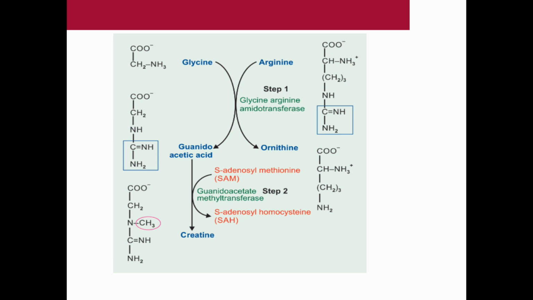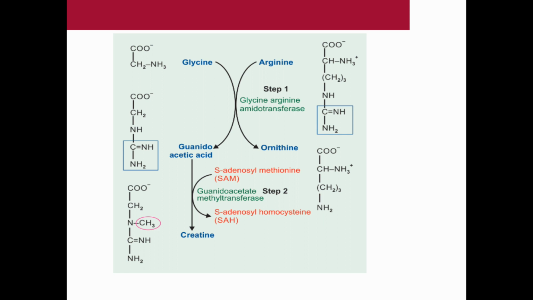So I have already told you how creatine forms from glycine. Glycine plus arginine, step 1, in the presence of glycine arginine amidinotransferase, forms ornithine and guanidoacetate. Guanidoacetate takes a methyl group from S-adenosylmethionine in the presence of guanidoacetate methyltransferase to form creatine.